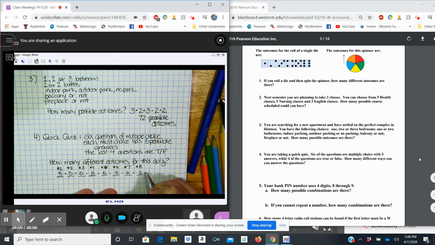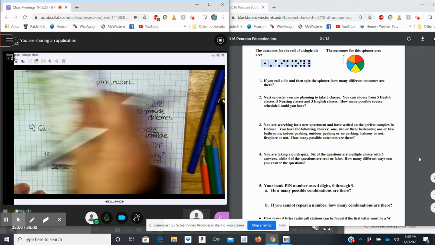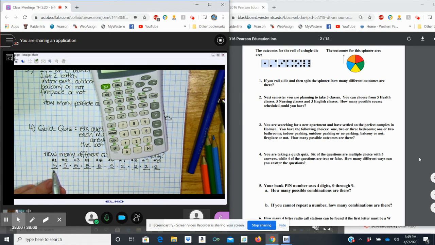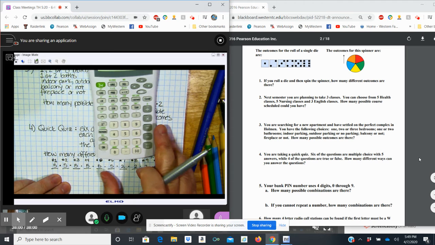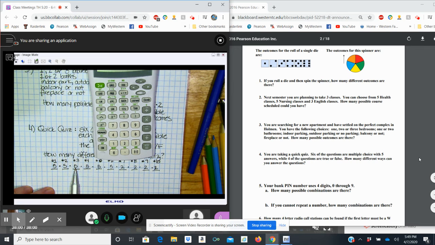And problem number 9? And problem number 10. Do you see how this is a little different? Because each question represents brand new choices. So this isn't 5 times 6. This is 5 to the 6, 5 times 5 times 5 times 5 times 5 times 5.